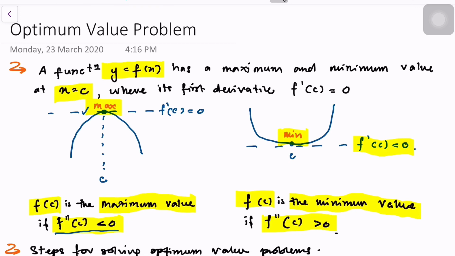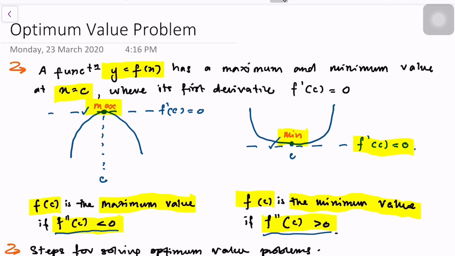And we are going to have a minimum point at c if f''(c) is greater than 0. Okay, so ini adalah merupakan konsep asas kepada optimum value yang kita akan guna pakai untuk selesaikan problem.